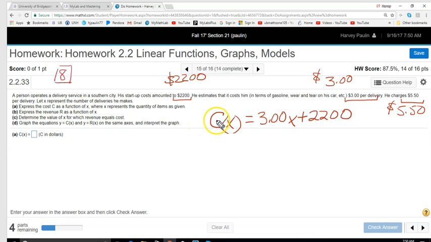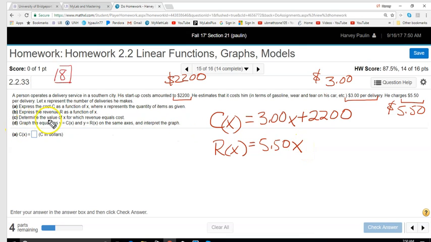So that's our cost function. Now, what's our revenue function? Well, revenue function is that for every delivery, he's going to charge $5.50. So this is our revenue function.